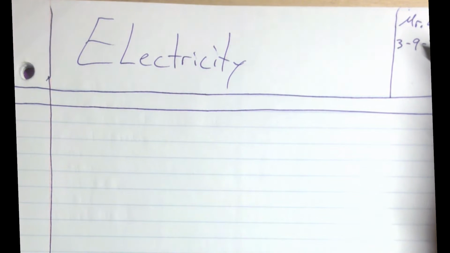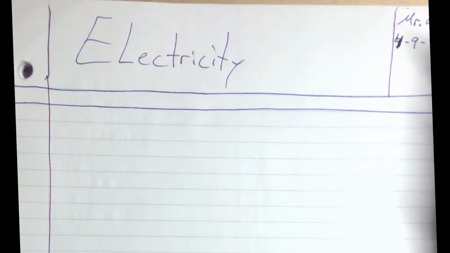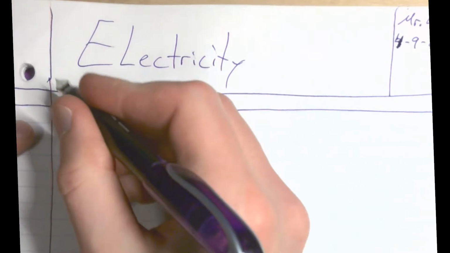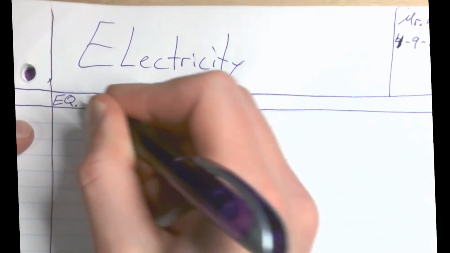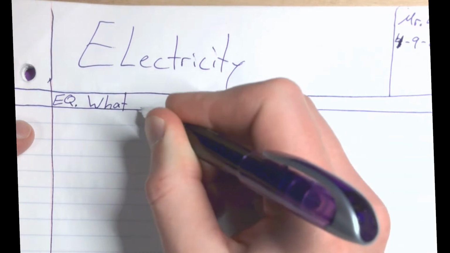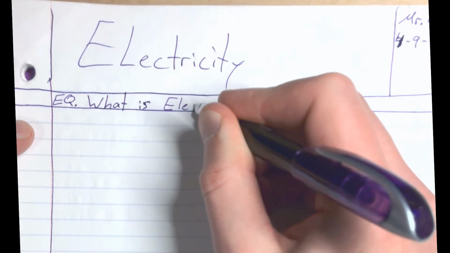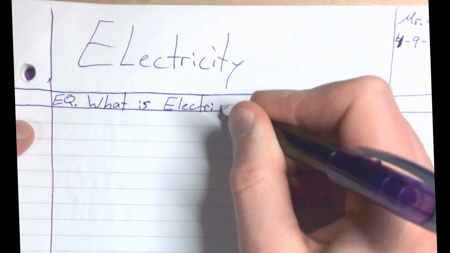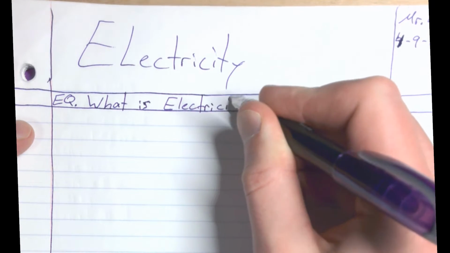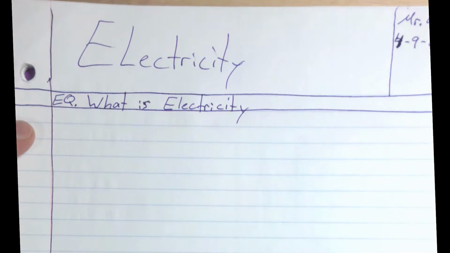Wait a second. 4/9/21. And our essential question is, what is electricity? Because it's kind of complicated. Question mark.